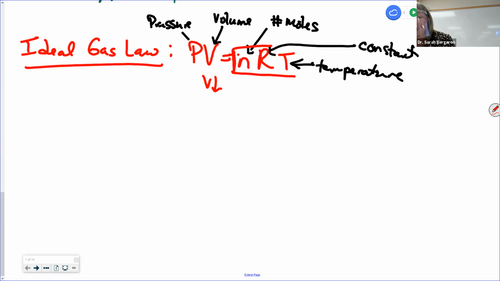I'm telling you, you can't mess with this side of the equation, we're going to hold all this stuff constant. If volume goes down, what would have to happen to allow this equation to still work? Pressure would have to go up.